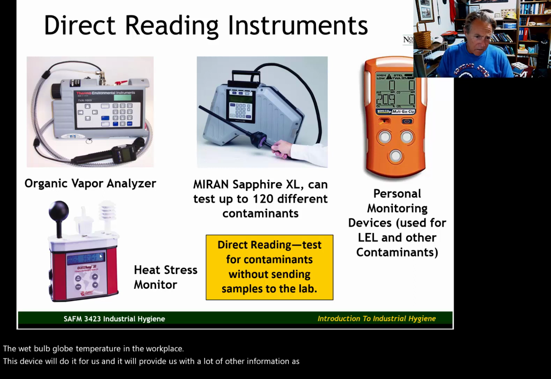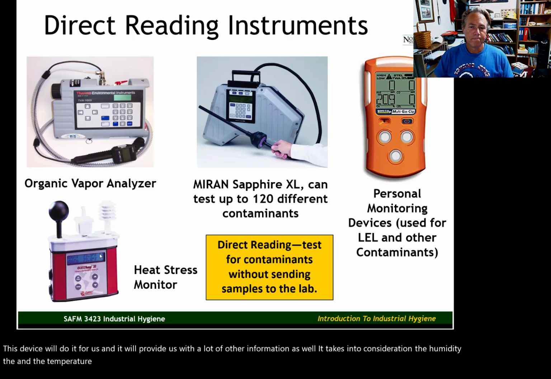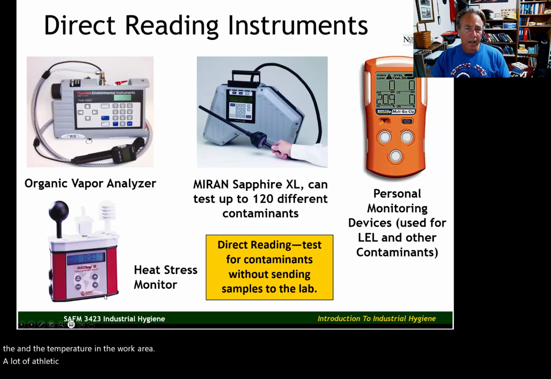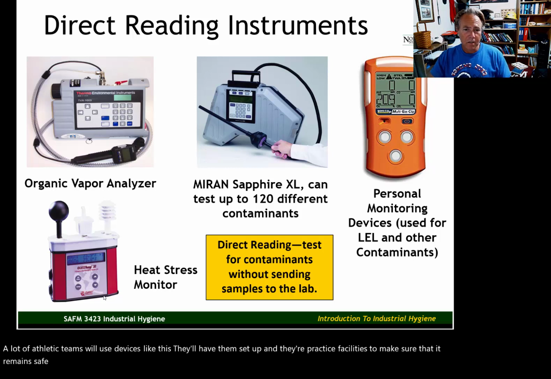It takes into consideration the humidity and the temperature in the work area. A lot of athletic teams will use devices like this. They'll have them set up in their practice facilities to make sure that it remains safe for the athletes. And you see these in workplaces as well.